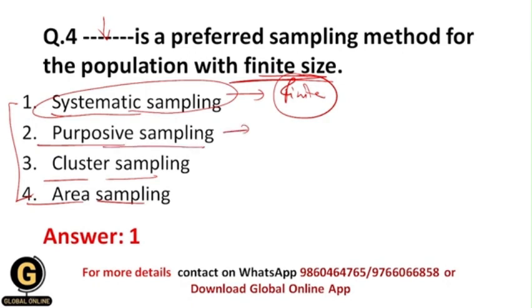Now what is purposive sampling? So purposive sampling is the non-probability sampling technique, because here the researcher doesn't use the random sampling technique. So here the researcher doesn't randomly select the participants from the target population. Here the researcher has a specific kind of characteristic in mind, and based upon that characteristic only the researcher selects the preferred participants, okay.